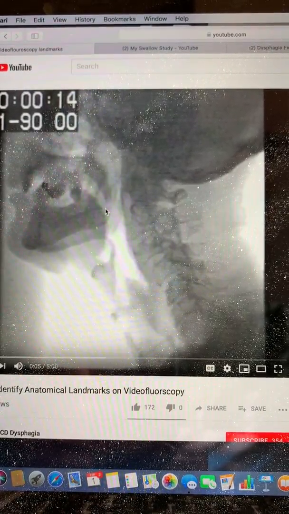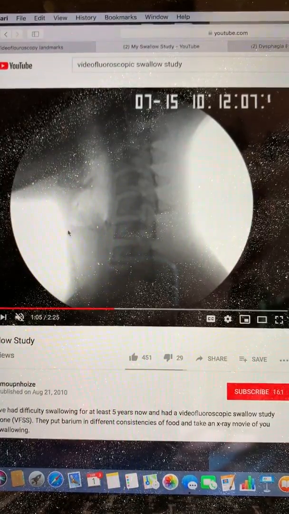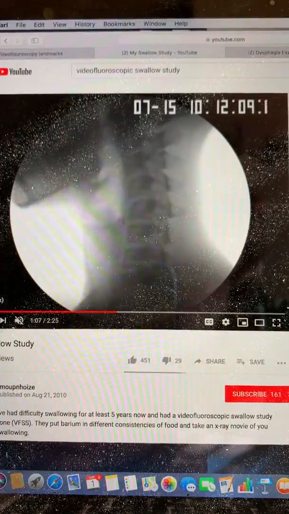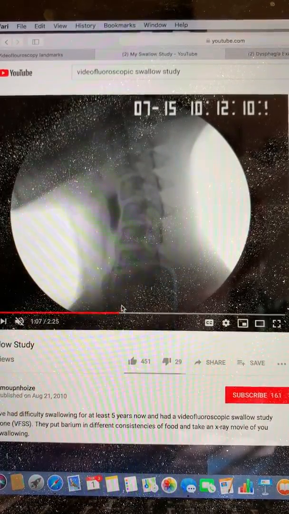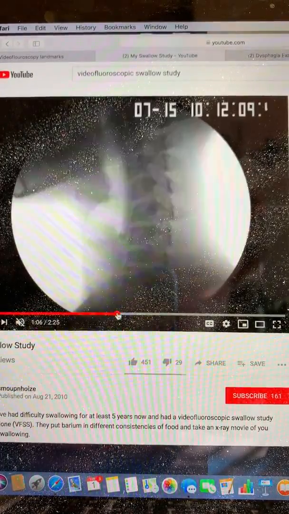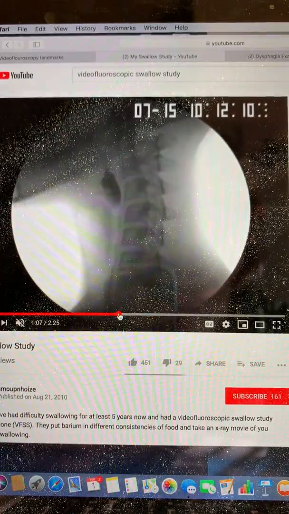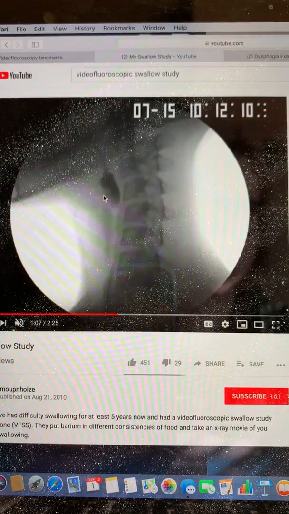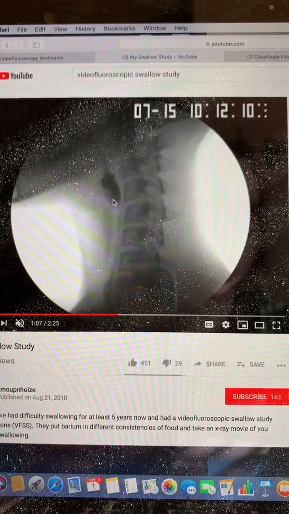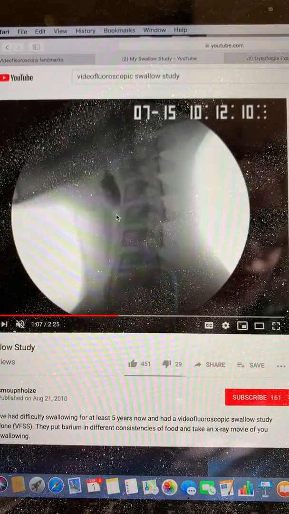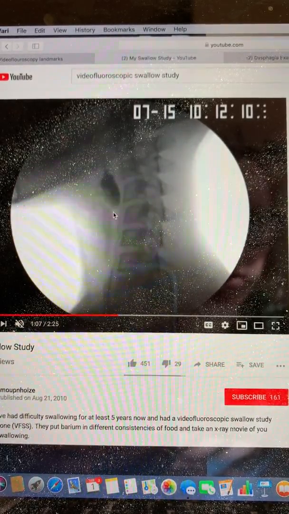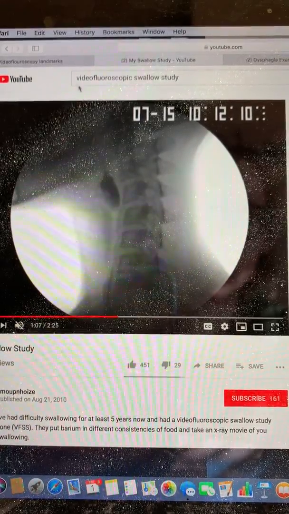So then during the pharyngeal phase, let me go back here. Let me see if I can catch it. Okay, so the epiglottis is then going to go down to make contact with the arytenoid cartilage to protect the esophagus or airway.